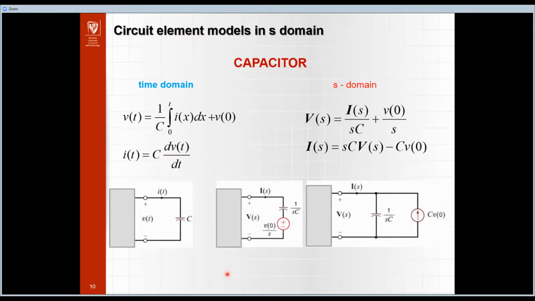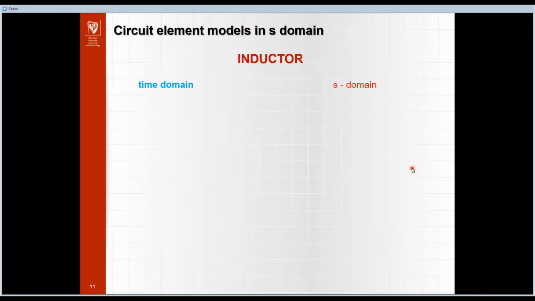Okay, so we can represent the first one as a capacitor in series with a voltage source, and for this equation we use such a circuit where we put a parallel source connected with it. Okay, and for the inductors, the inductor in the time domain is described by these equations.